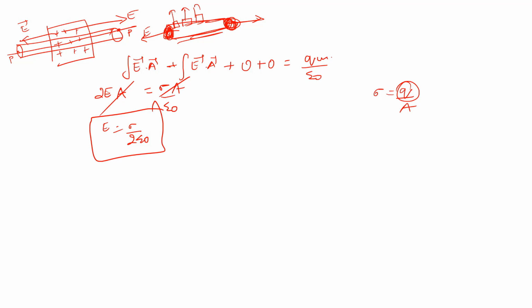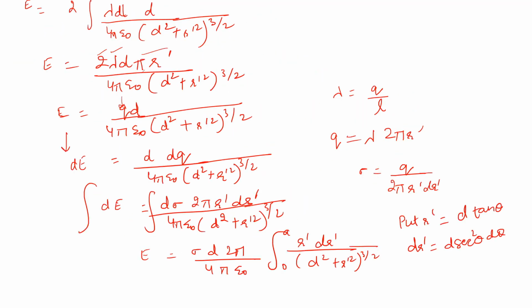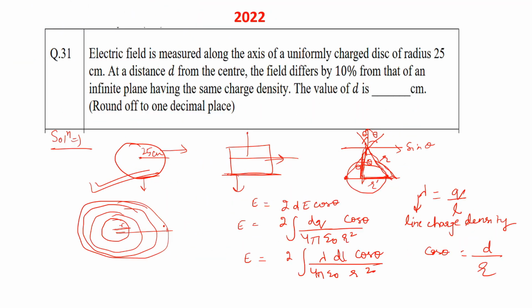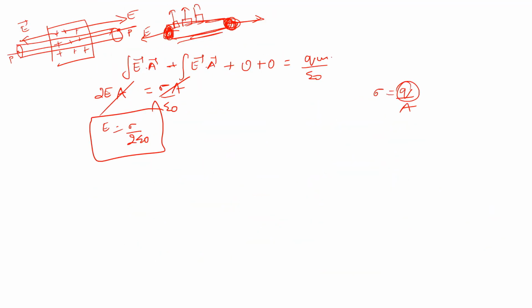Sorry, sheet. So now in the question it is given the field differs by 10% from that of an infinite plane having the same charge density at distance d. So the difference is 10%. So that means the electric field at this point d due to a disk is 90% of plane.